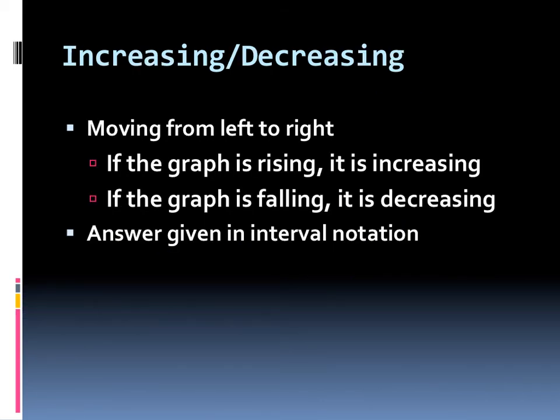Okay, increasing and decreasing behavior. So you're going to read this from a graph. It says moving from left to right, so your interval notation will go in the order of smallest number to largest number. If the graph is rising as you're moving from left to right, then the graph is increasing. If it's falling as you move from left to right, then it's decreasing.